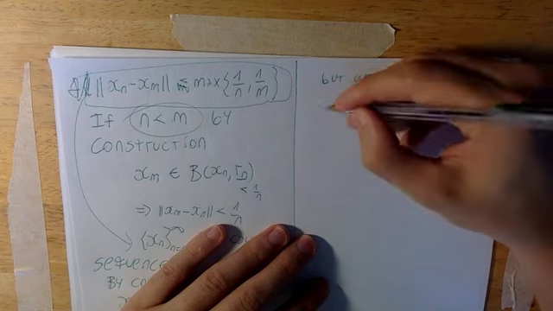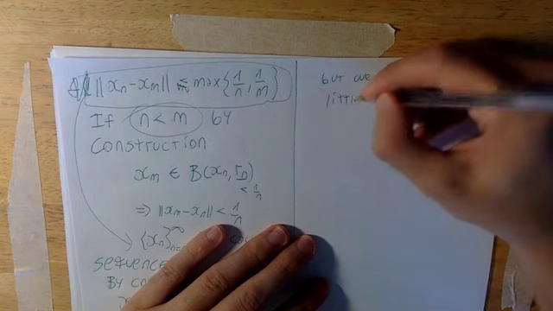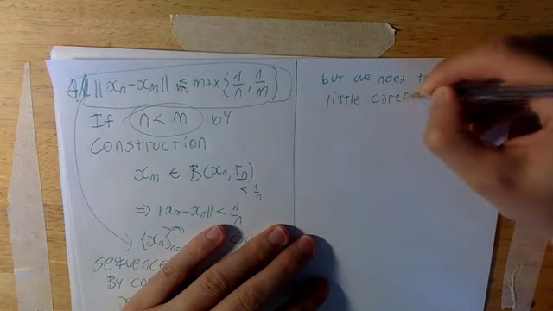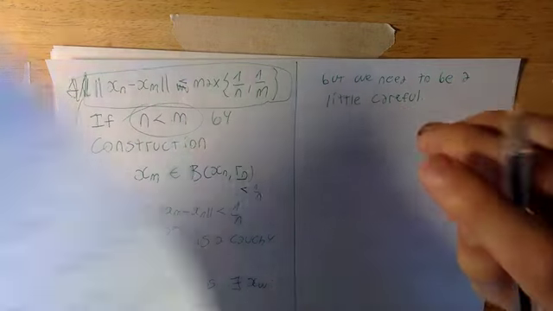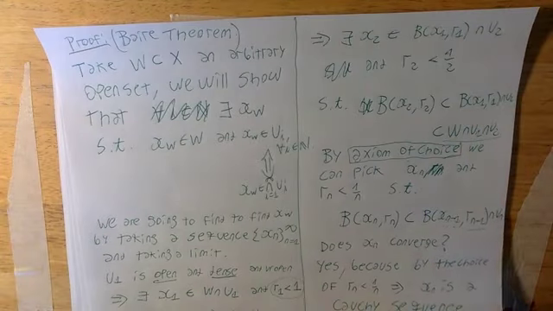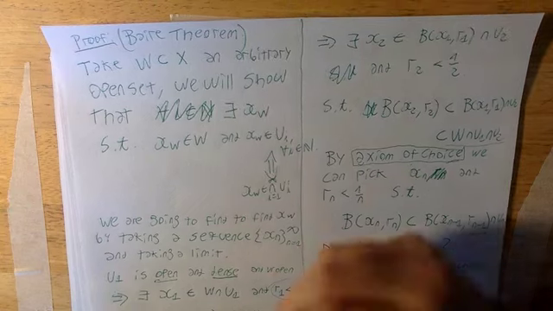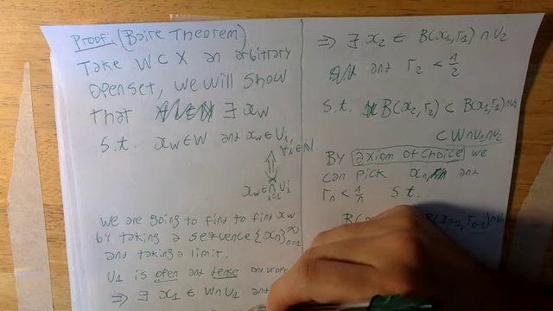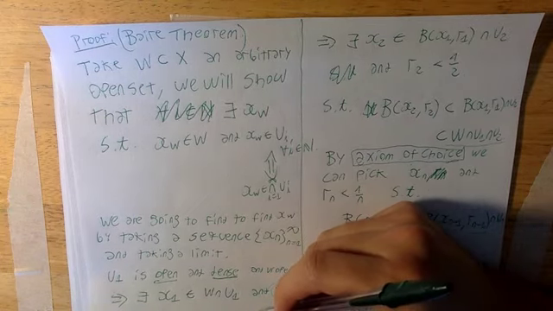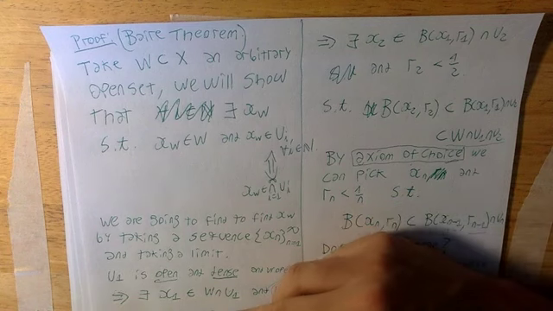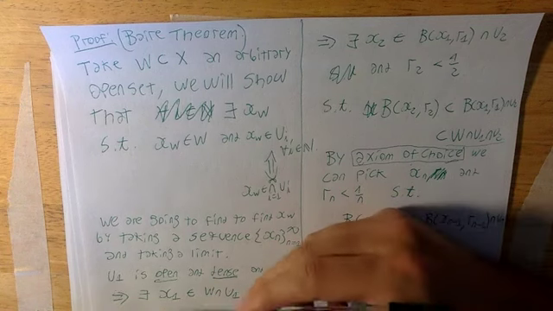Why? What we know is that xn is going to be in the ball of radius r1 around x1, which is contained in W intersection U1. But if we take the limit of elements inside this ball, they are not necessarily going to be inside this ball.